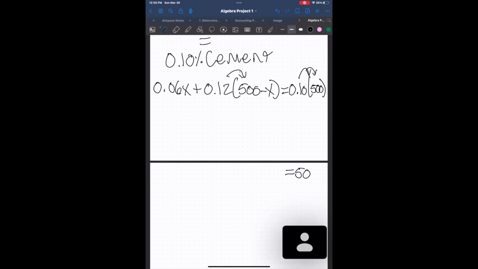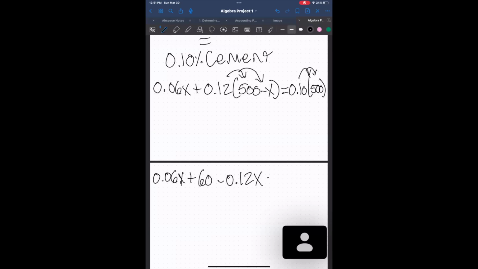We're going to distribute these. It's going to look like 0.06x plus 60 minus 0.12x equals 50. Let's get that a little closer.